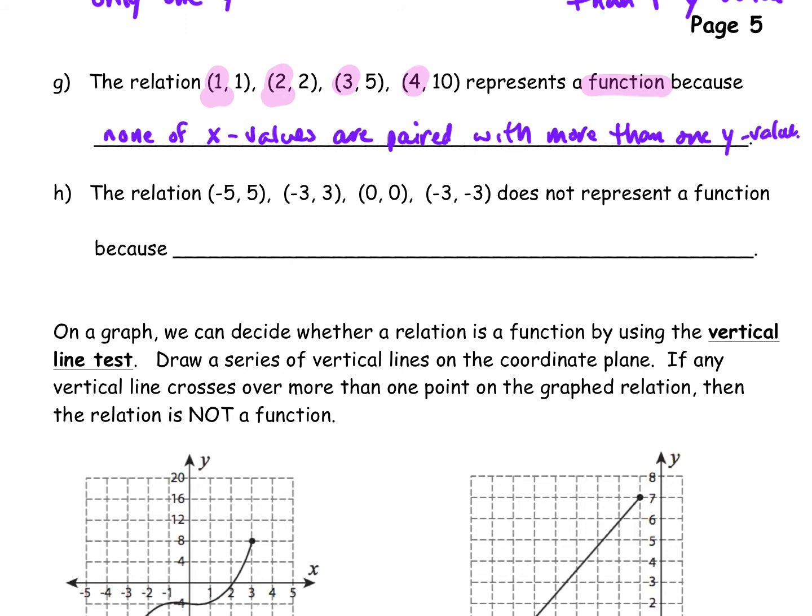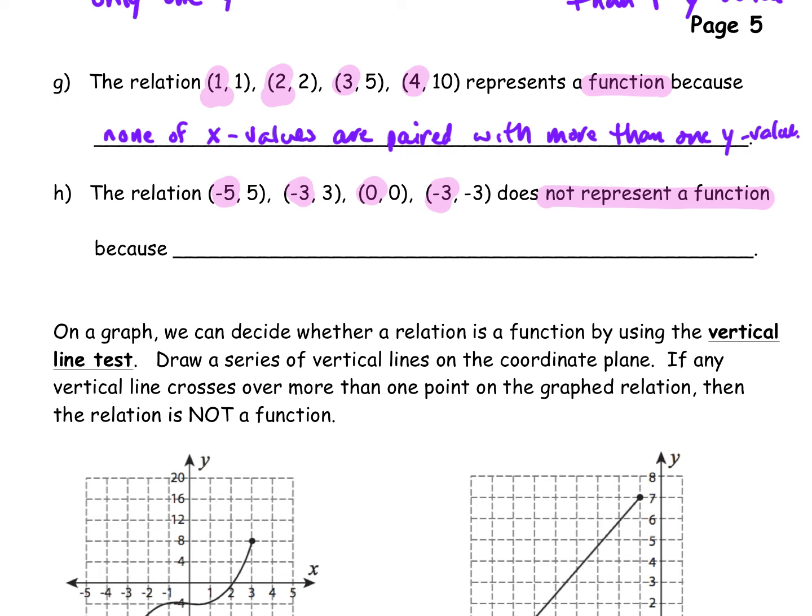The next statement: the relation, and again it's represented by a list of ordered pairs, does not represent a function because... So what do you think we're looking for? Well, we're looking at the x values again, the domain members, and as I highlight them, I'm noticing that I see 2 -3s.